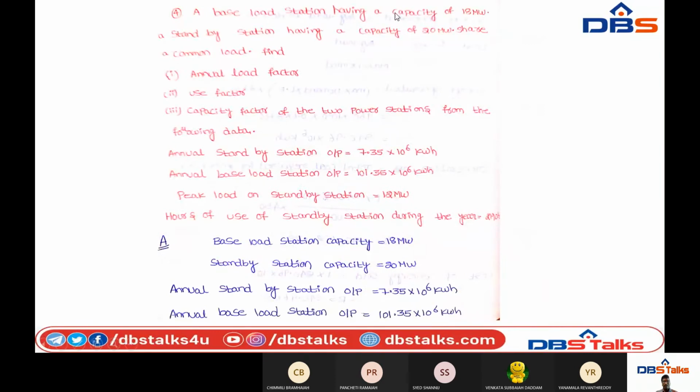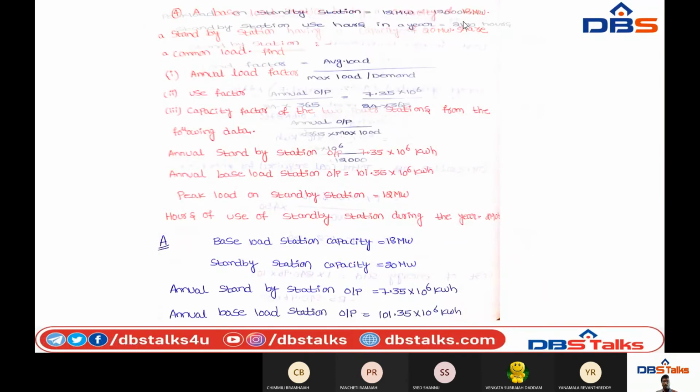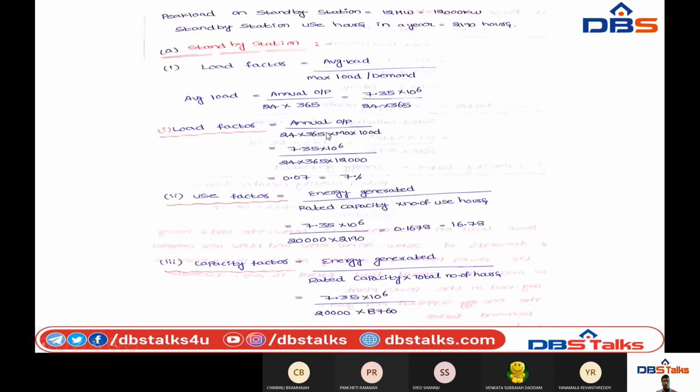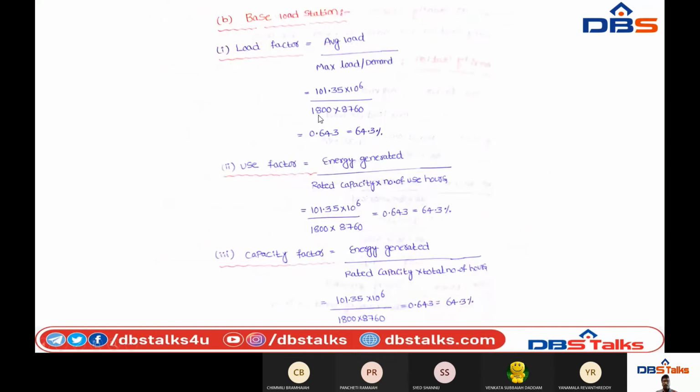That means the capacity of the plant is 18 megawatt, 1800 × 8760, and we get a 64.3% load factor.